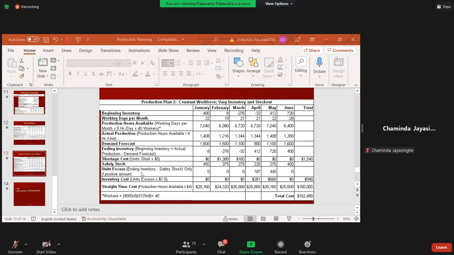Units in excess are calculated as units above the safety stock. So ending inventory minus safety stock is where we use the safety stock.